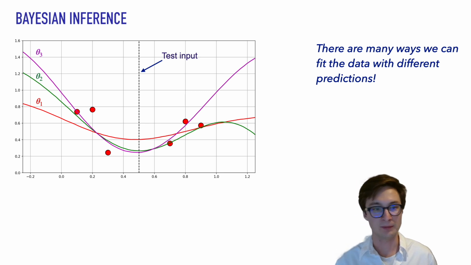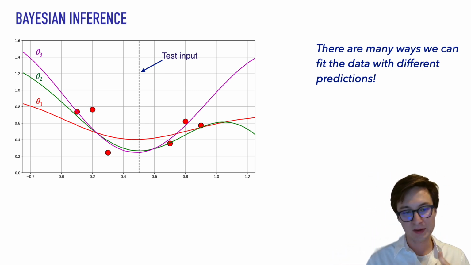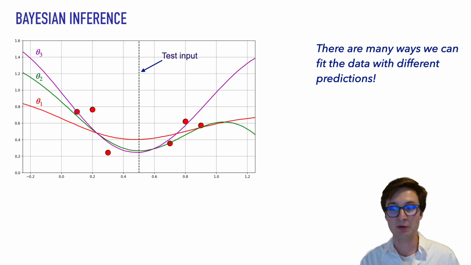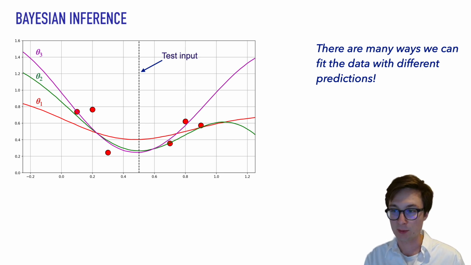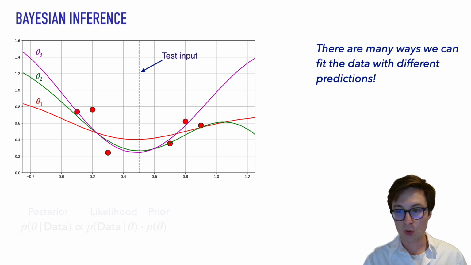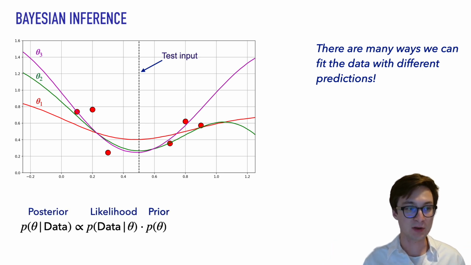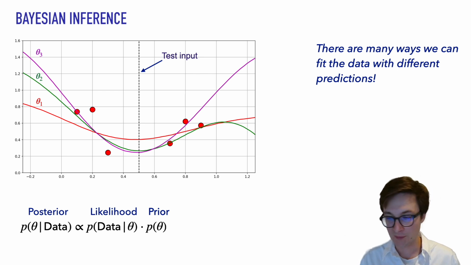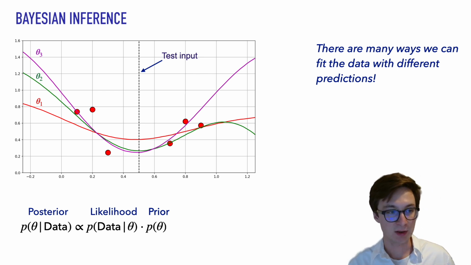But in the Bayesian methodology, we would take a different approach. And specifically, we would consider the so-called posterior distribution.